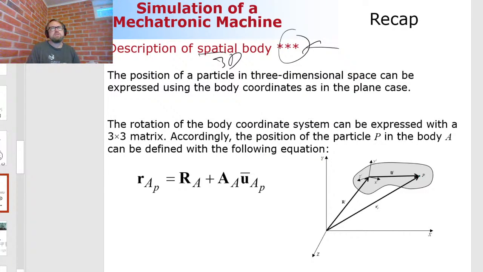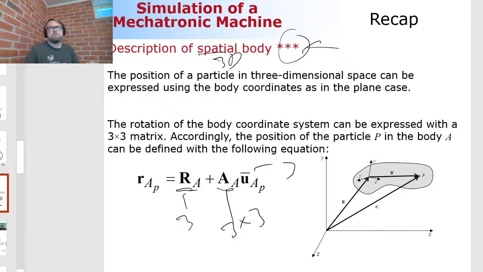Okay, how is the description of a spatial body? We can use this very same procedure, but this time in the spatial case, the dimensions naturally will be different. So vector R will consist of 3 components. This is going to be a 3 by 3 rotation matrix, and vector u bar will have 3 components.